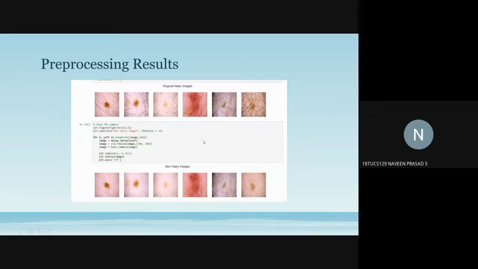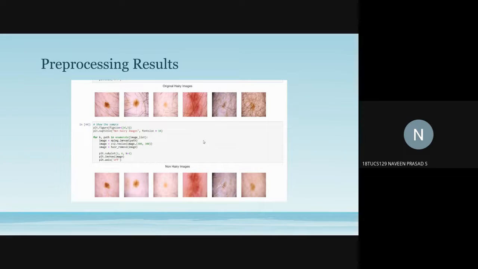Here is one of our important steps in pre-processing, which was explained by Logesh in the block diagram: hair images. Previously, when training, the hair images got in our way and negatively affected our model's training. As you can see, the black lines cut through the lesions, which greatly impacted our model's performance and led to a great loss in our results.